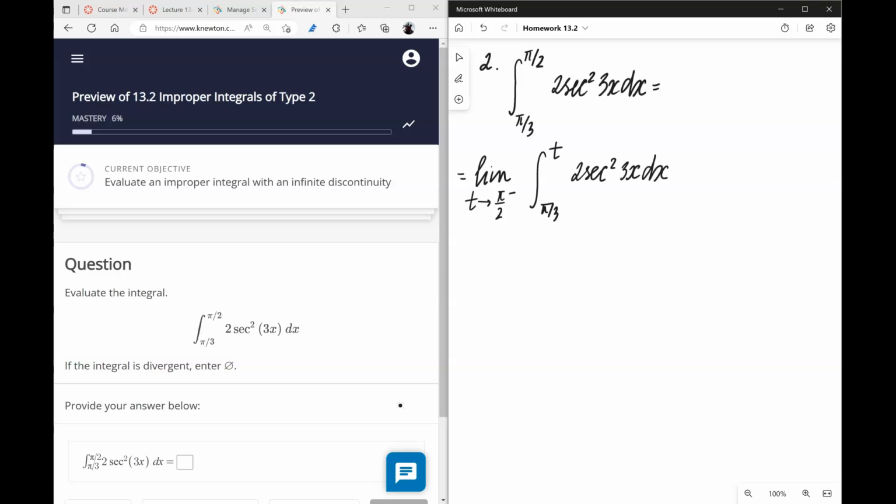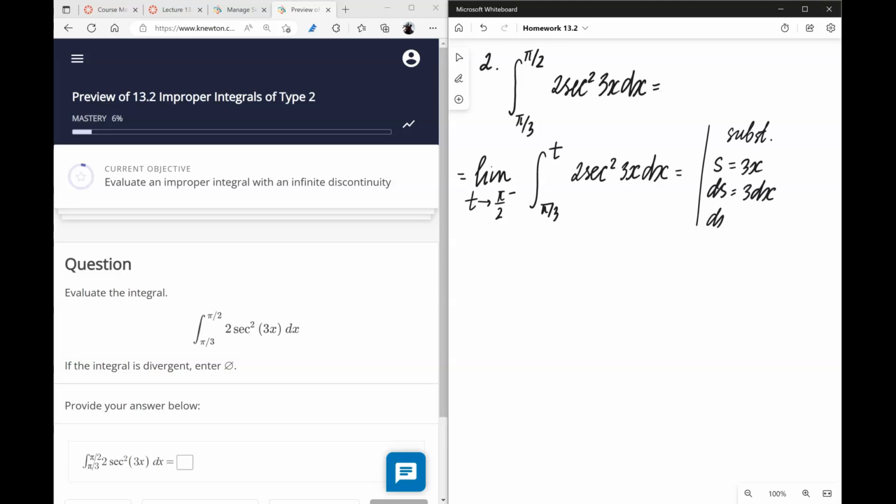Now, to do this problem, we're going to introduce a linear substitution. t is not a good choice because we're using t as a variable in the limit. So let's introduce the letter s. So s is 3x, ds is 3dx.